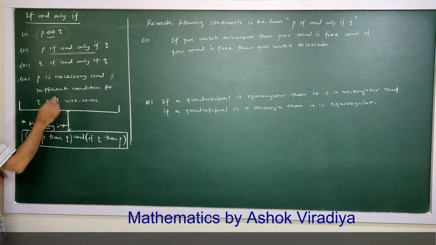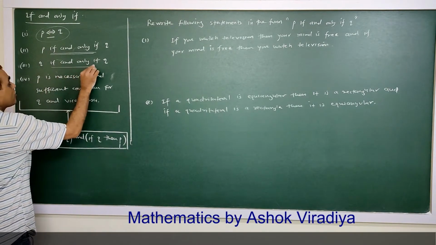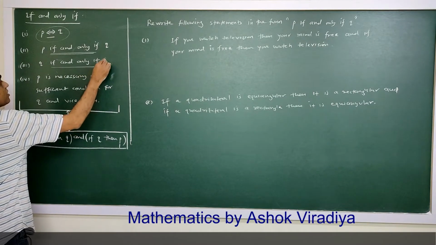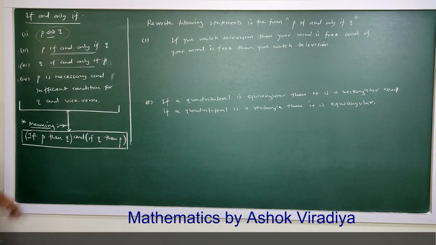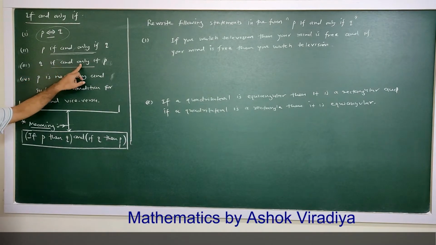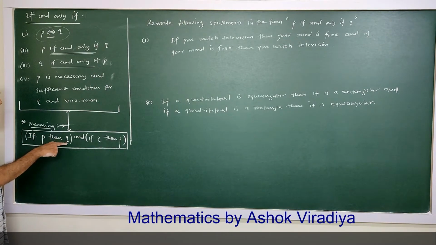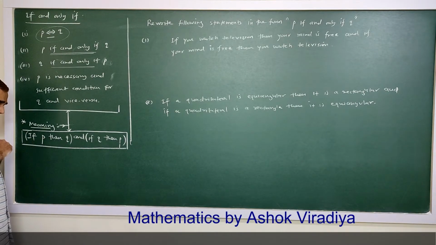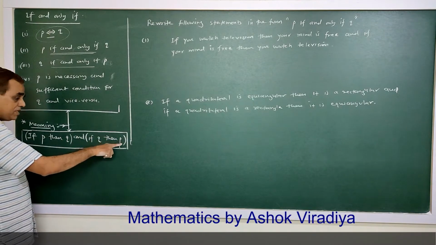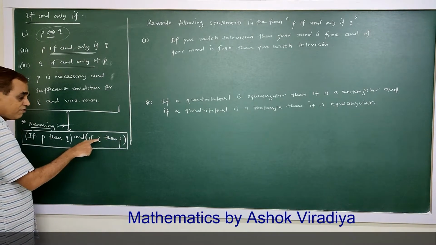Or this can also be written as Q if and only if P, or P if and only if Q. Now see, in this statement, if P then Q, Q is necessary condition for P, and here P is necessary condition for Q.